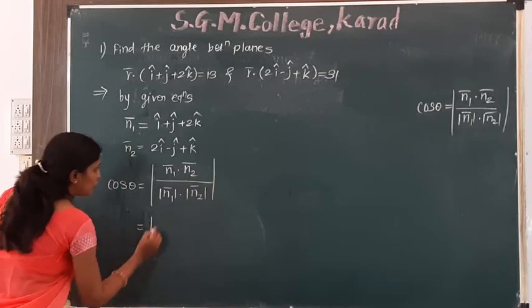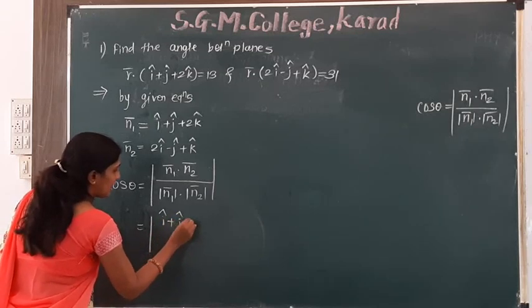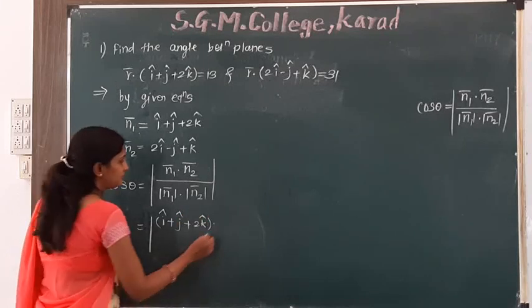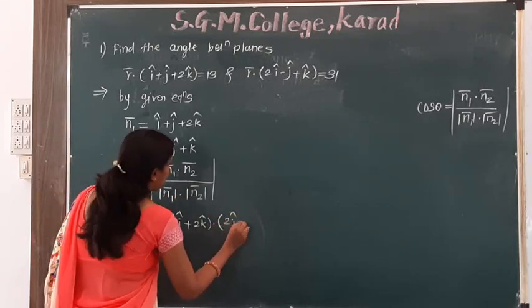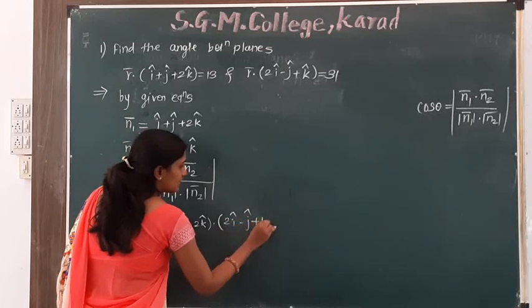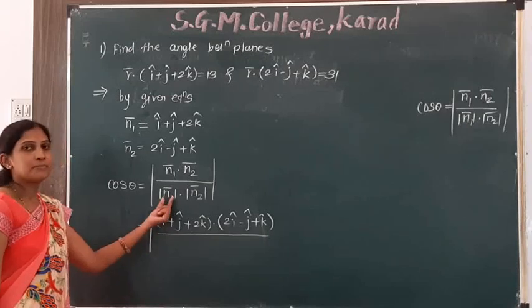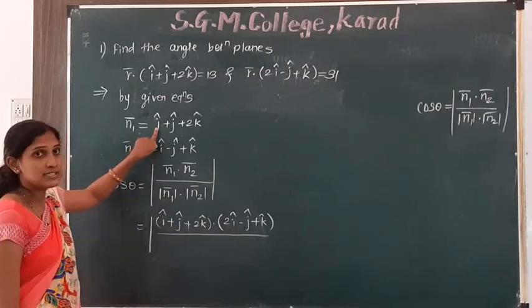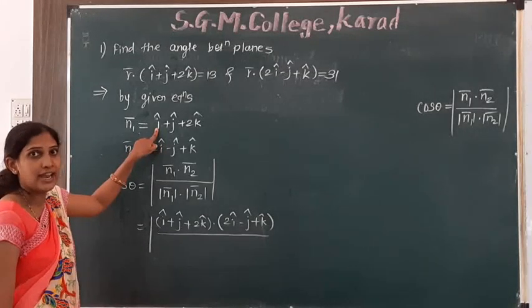What is the value of n1 bar? I cap plus j cap plus 2k cap dot value of n2 bar, 2I cap minus j cap plus k cap, divided by magnitude of n1 bar, that is square of the coefficients of ijk and we add it.